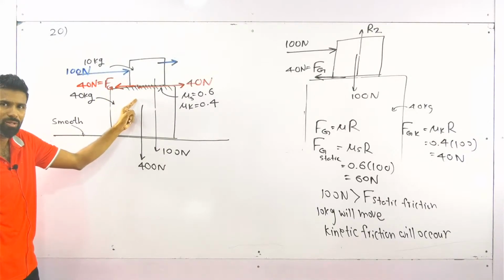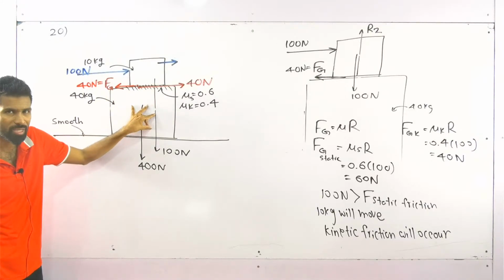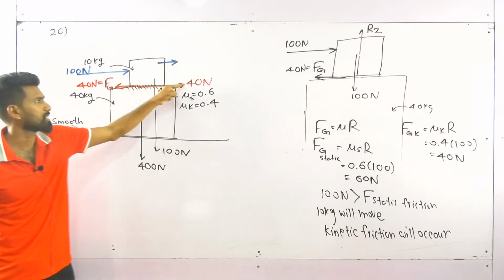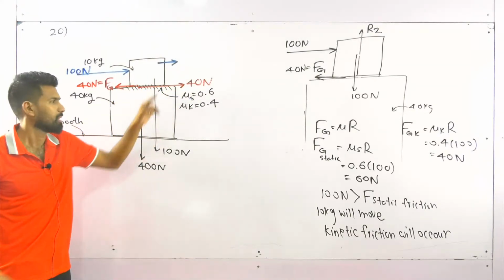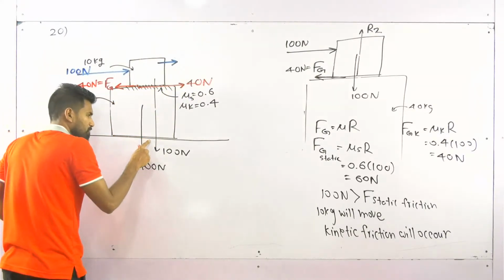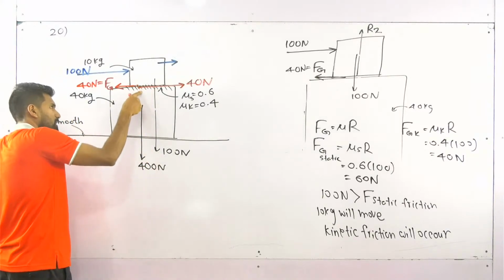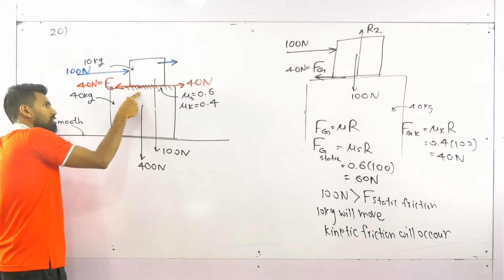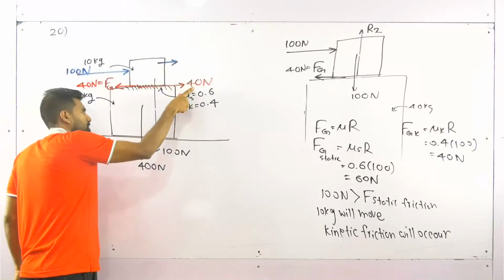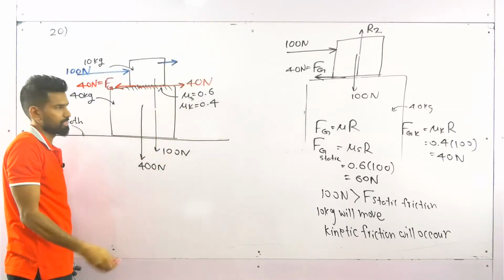So the reaction, the force acting on 40 kg by 10 kg, is in the opposite direction, in this direction. So even though this is a smooth surface, due to this frictional influence, now there's a 40 Newton force acting on the lower mass.